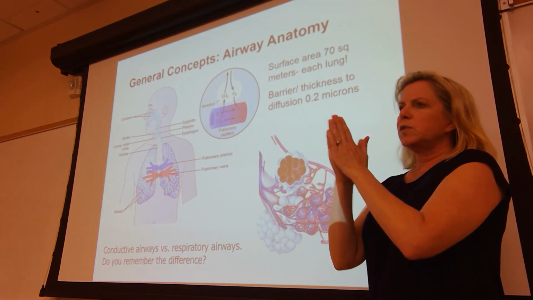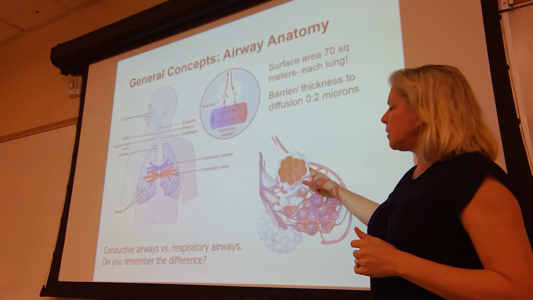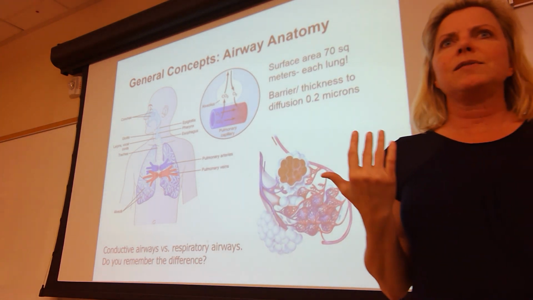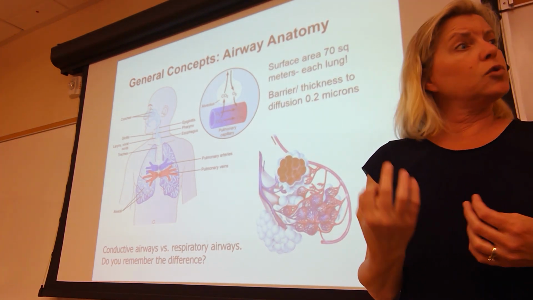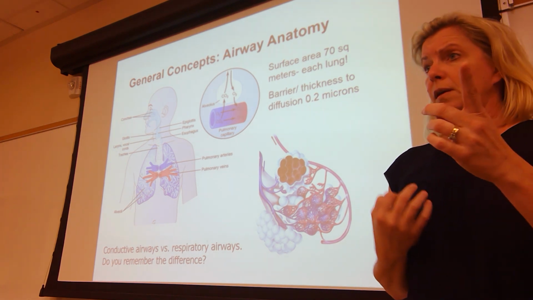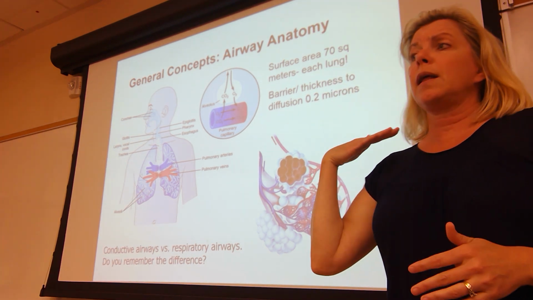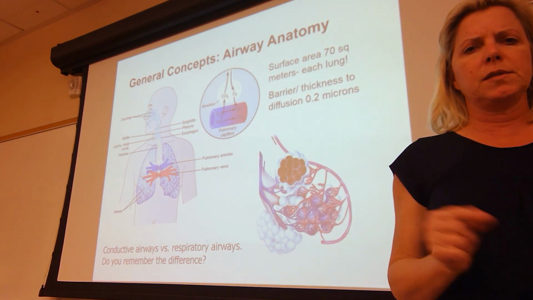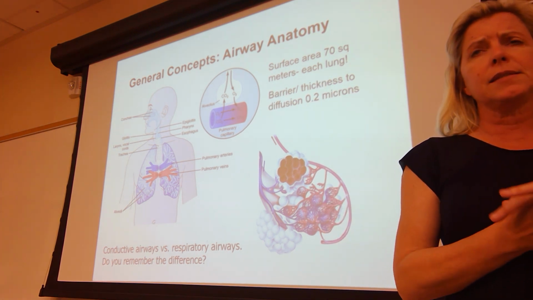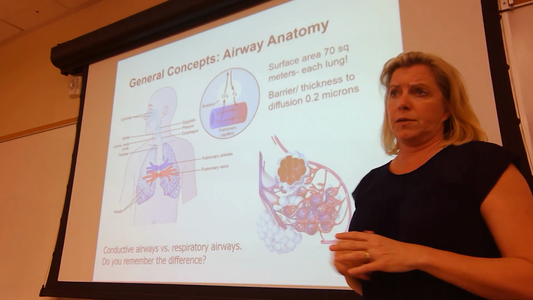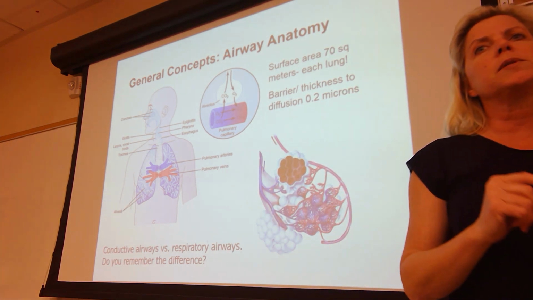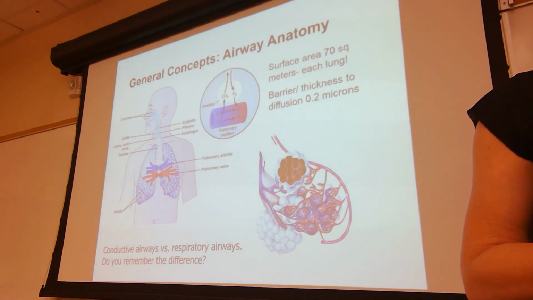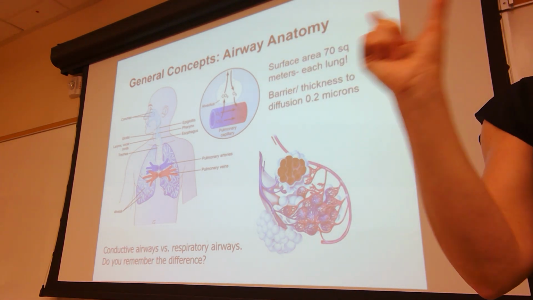Then we have a fused basement membrane, and then you have the pulmonary capillary beds. Okay, it's the same kind of setup. It's the same anatomy as your filtration membrane. Epithelium, fused basement membrane, endothelium. It's the thinnest possible distance. And that distance is 0.2 microns. That's the thinnest possible distance to allow the most rapid gas exchange. What do you think is going to happen if that distance increases?